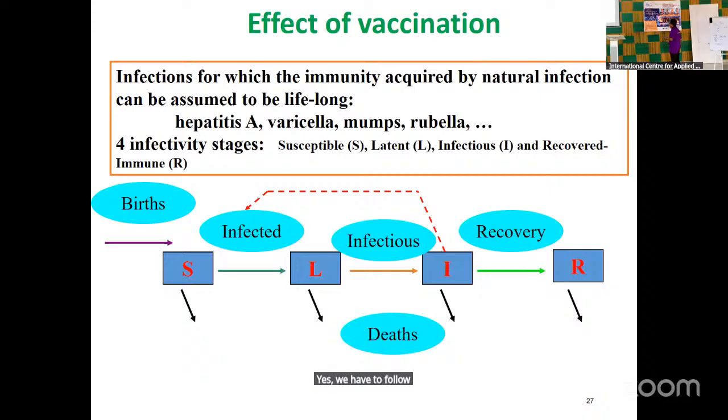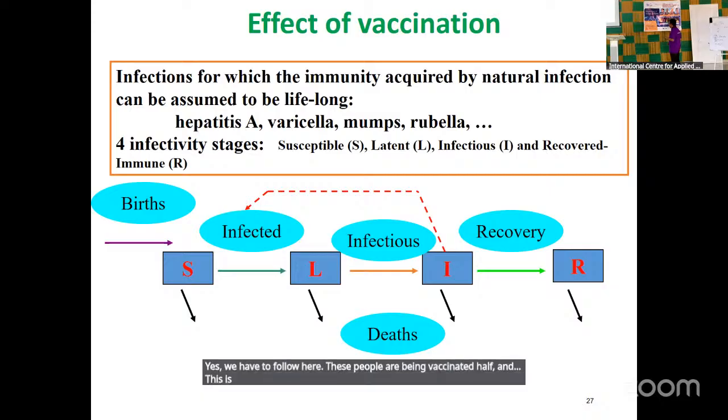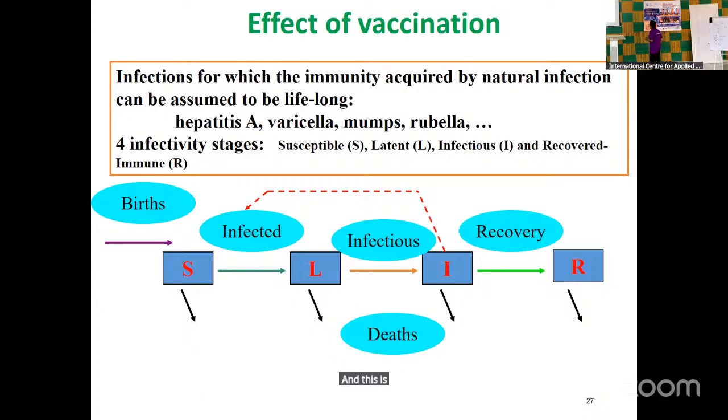These people, S and R, are being vaccinated, and this has the direct effect. And the indirect effect is on the people who are infected, the latently infected and actively infected, getting vaccination.